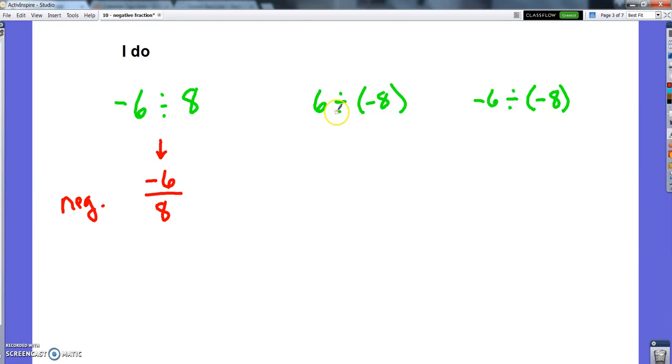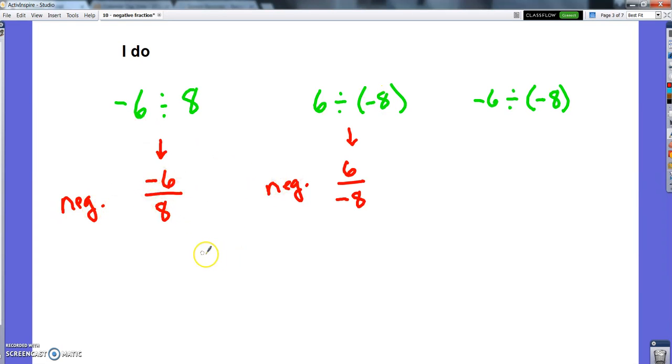Same thing here. 6 divided by -8, I would probably just write as 6 divided by -8. And again, I also know that's going to have a negative answer. So one of the things I want you to come away with today is these should be the same, right? They're both 6/8, and they're both negative.